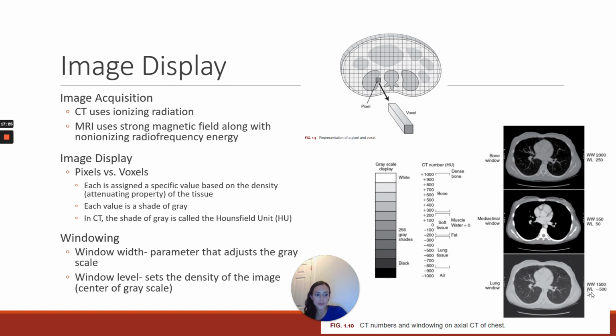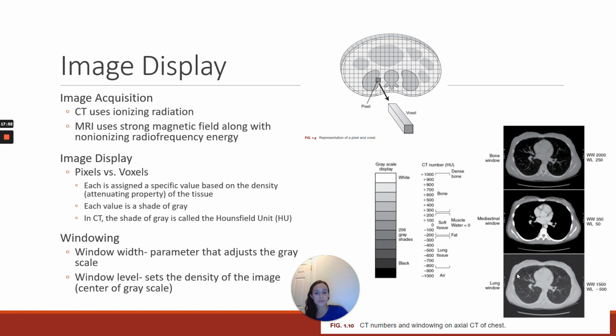So in this case, the window level is set at negative 500, very dark shades of gray, because that's when you're really going to be able to analyze or appreciate those bronchioles. If your window level is 50, which you can see in the mediastinal window, you can't see any of those bronchioles. It's just black air. Why? Because that's not where you're focusing the center of the grayscale in this scenario.